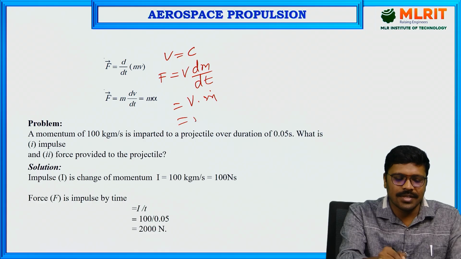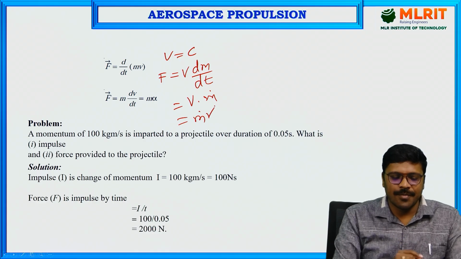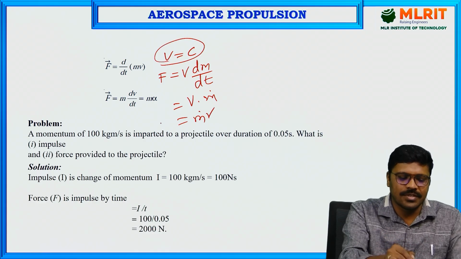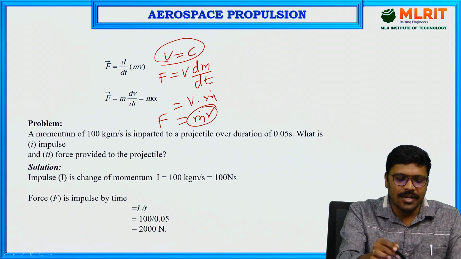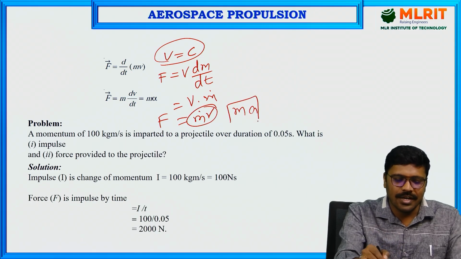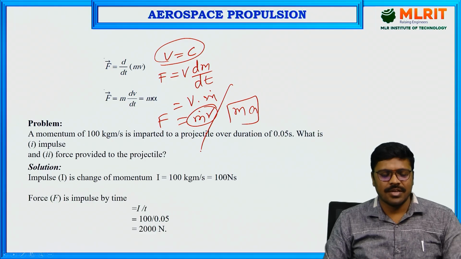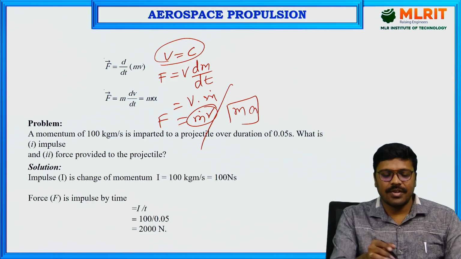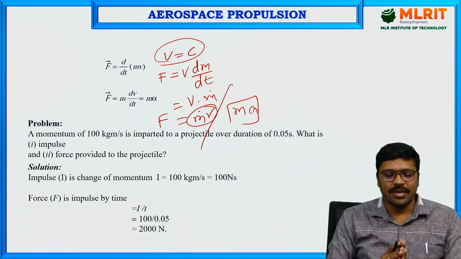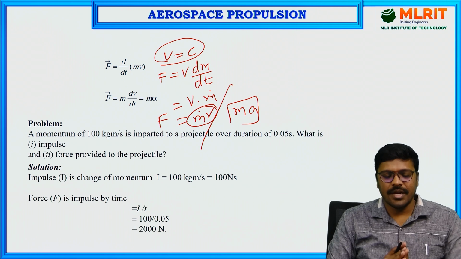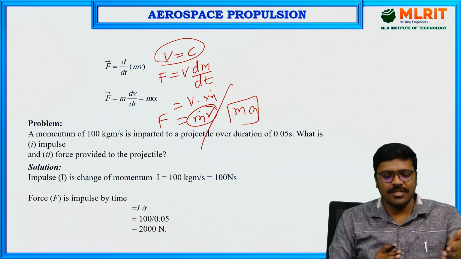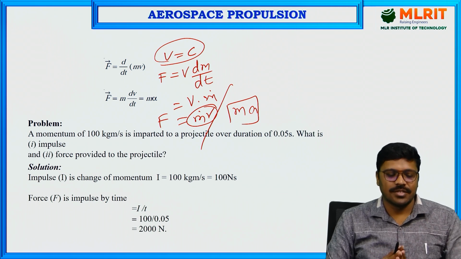So we can write this as m dot v. If velocity is constant, the force is written as m dot v. If mass is constant, it can be written as mass into acceleration. So these are the two different cases, giving different formulas to calculate the force: one is the mass constant case, another is the velocity constant case.